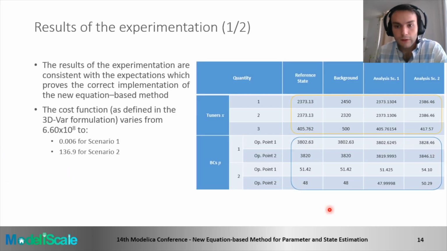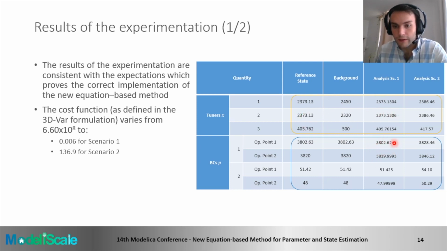If we look at the results, first of all, in both cases the value of the cost function is very low compared to the initial one, so the matching of the model outputs and the measurements is very good. For scenario 1, we see that we find values very close to the reference state, so that's good.